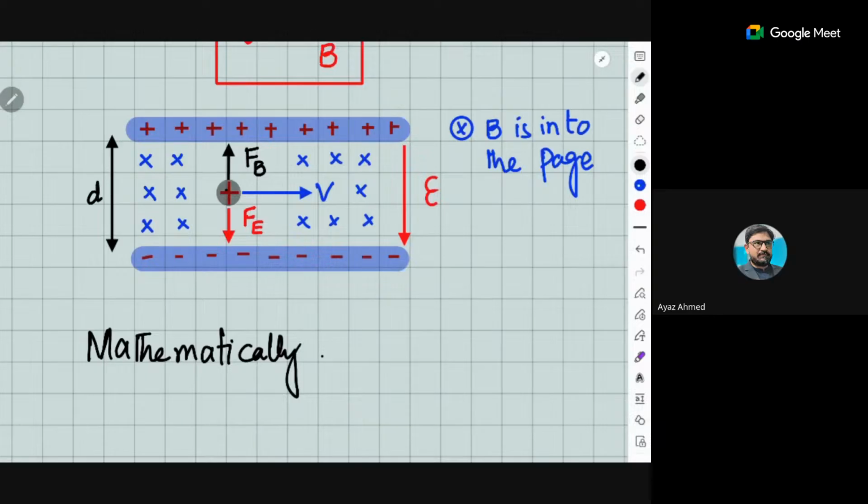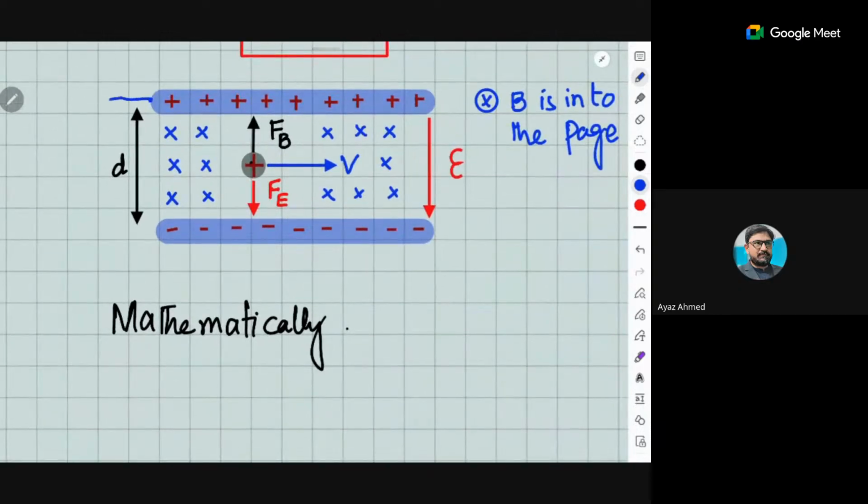And if I connect these plates with a voltage source, I just use a variable voltage source, due to which I can manage the potential difference between the plates. So these two plates are at a potential difference V with respect to each other. Let's say this is the voltmeter that will show me the potential difference between these two plates.